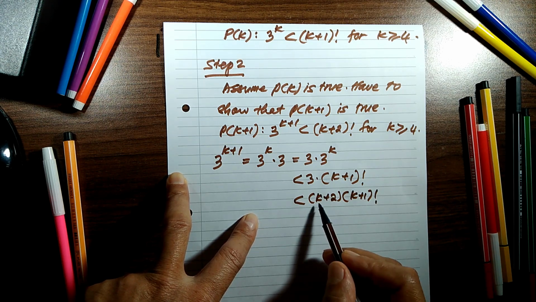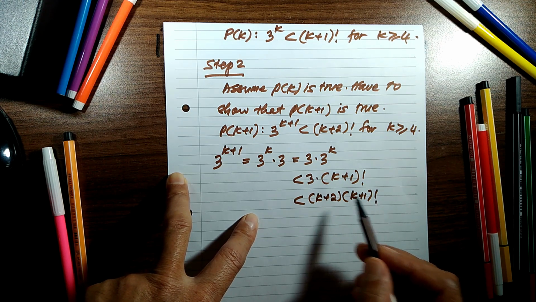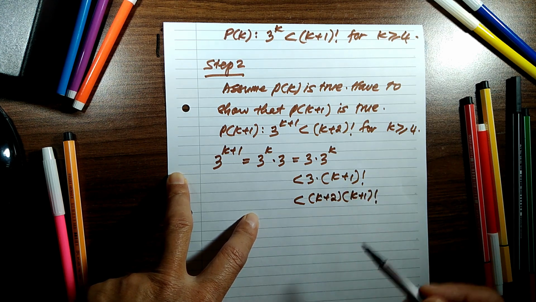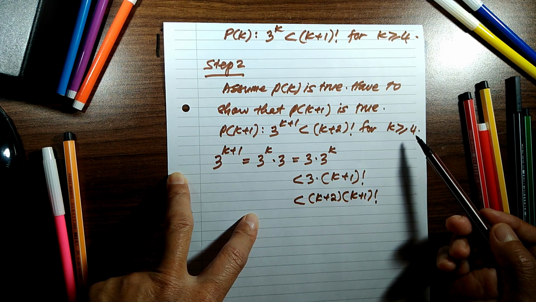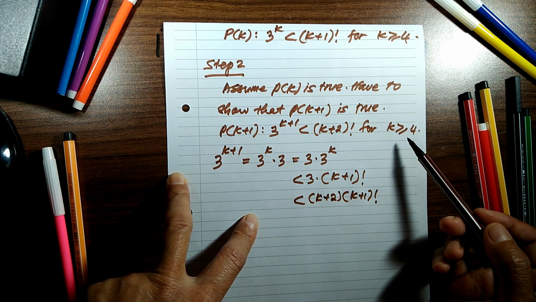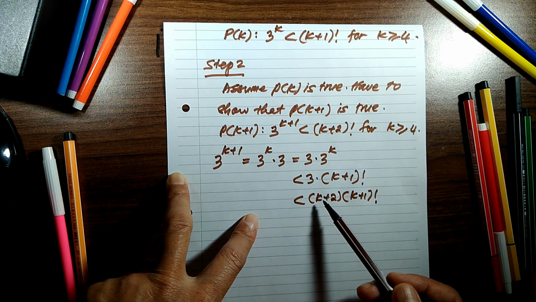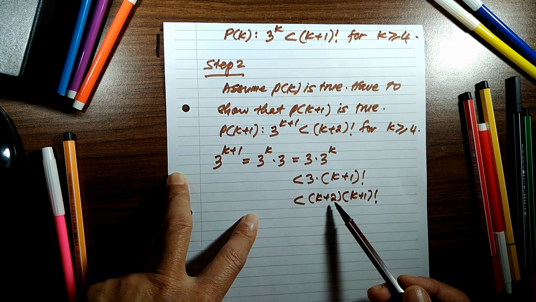Now, how can I say (k plus 2) multiplied by (k plus 1) factorial is greater than 3 multiplied by (k plus 1) factorial? If we still remember, k is greater than or equal to 4. What I mean is the smallest value of k is equal to 4. So if we substitute k equal to 4 here, k plus 2, that is 4 plus 2, is 6.